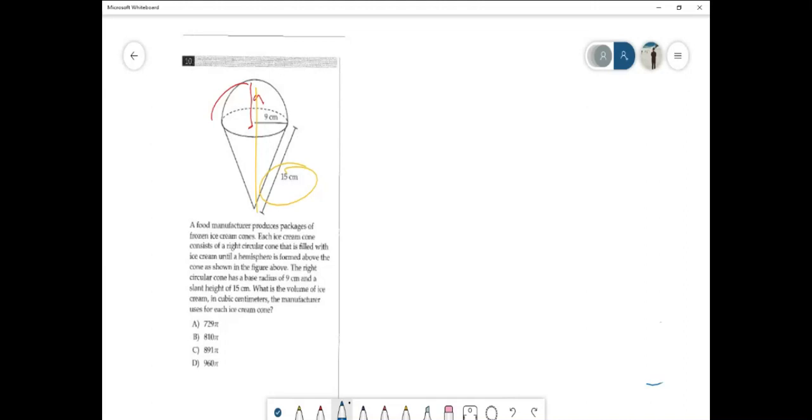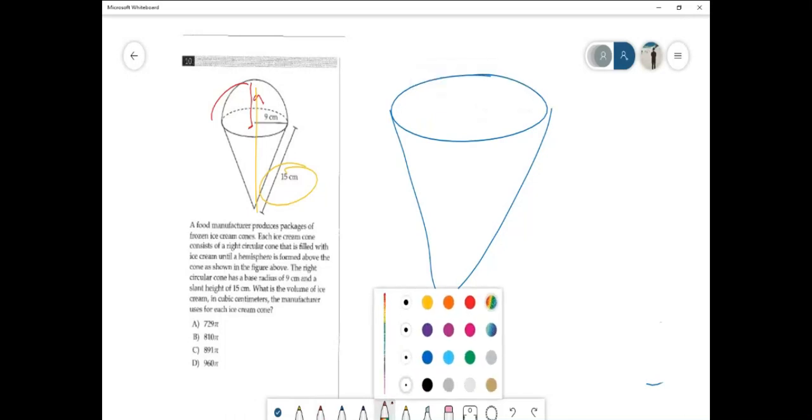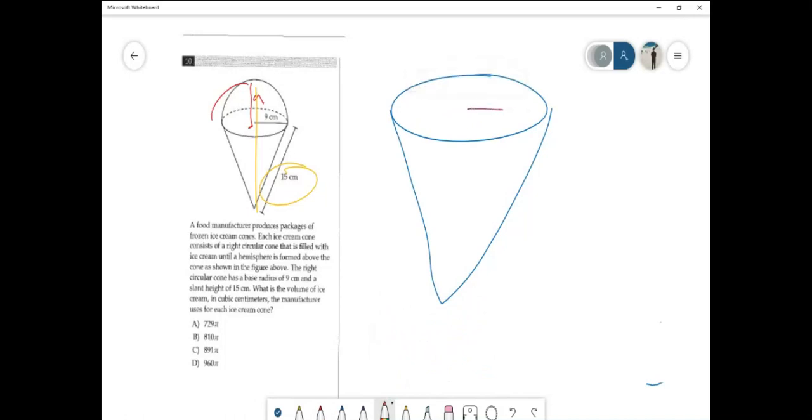Okay, let's clean all of this. Okay, let's read the question. A food manufacturer produces packages of ice cream cone. This is a cone, right? This is a cone. And here we have a hemisphere. A hemisphere is half of the sphere, okay? It is formed above the cone, as shown in the figure above.